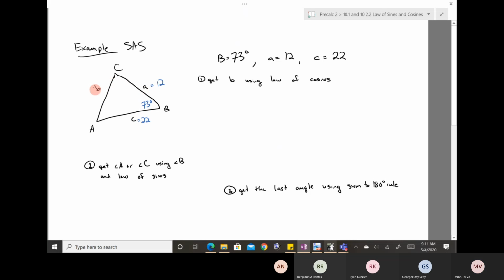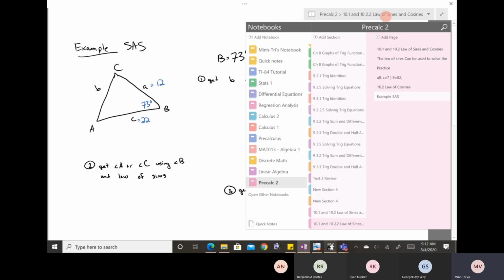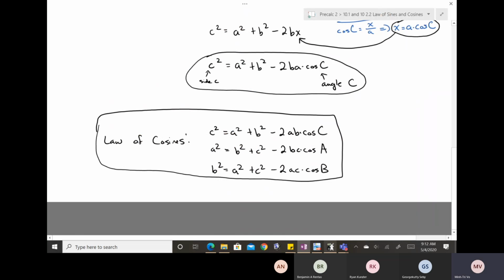So again, which of the three versions you use depends on which angle you're focusing on, right? So here we're focusing on angle B because that's the one we know. So we want to use the law of cosines with angle B, so that's this one here. B squared is A squared plus C squared minus 2AC cosine B. So the way you remember is the thing squared here is the same as the angle, right?